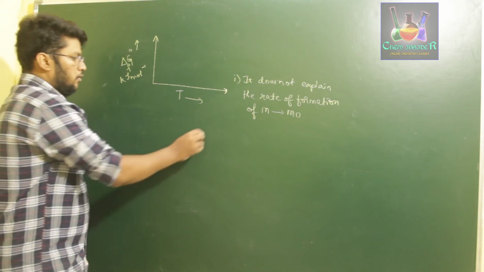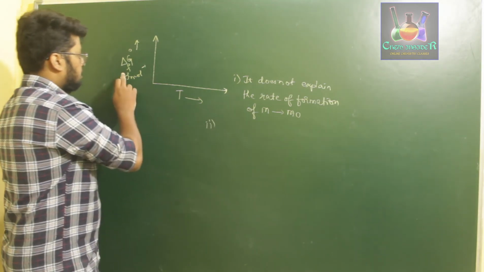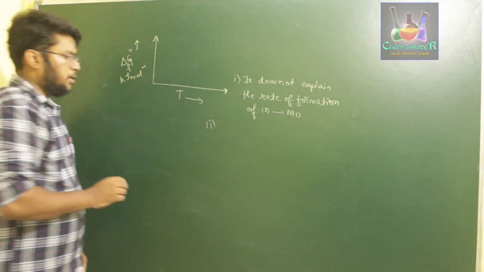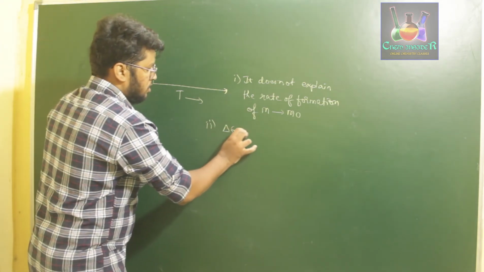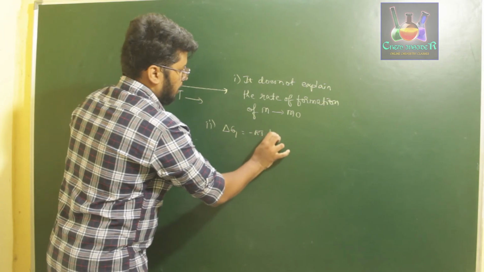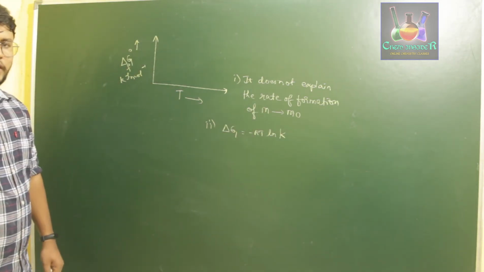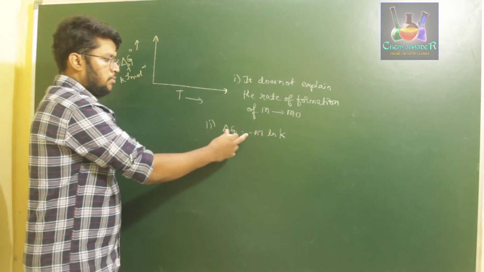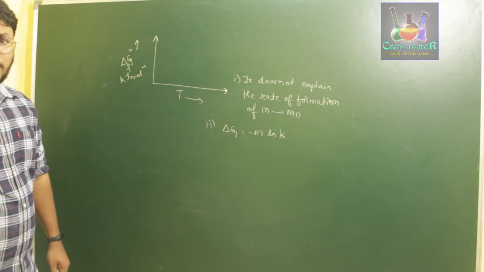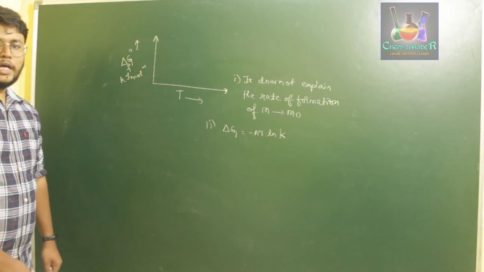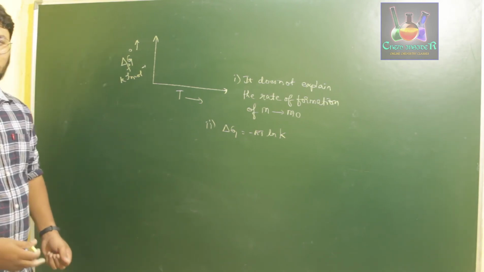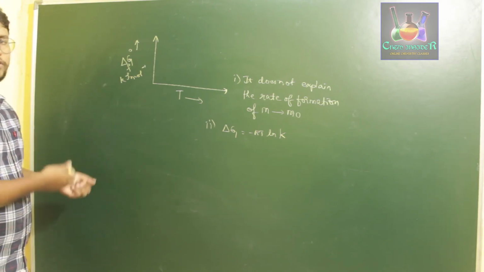Further, we are using delta G, which is again a term of the equilibrium constant. That is, delta G equals minus RT ln K. Delta G can be equated with ln K. That implies that for delta G to be negative, the reaction has to be in equilibrium, which is not possible for the conversion of metal to metal oxide.